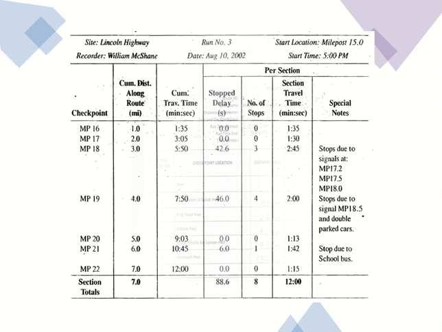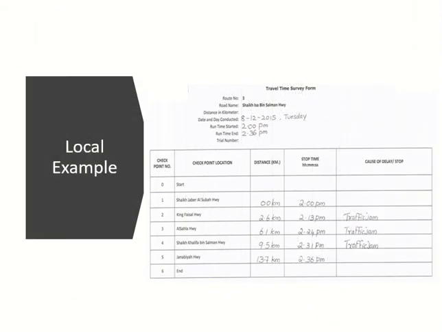Okay, this is another sample from a Bahraini journey time survey. You can see it's slightly different, but it is still giving you the intermediate points, checkpoints, the distance, cumulative, and the time is also cumulative.